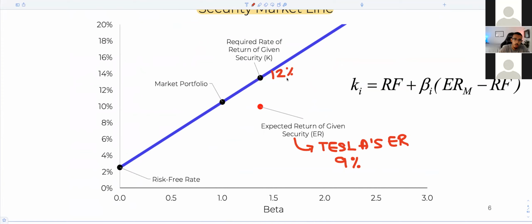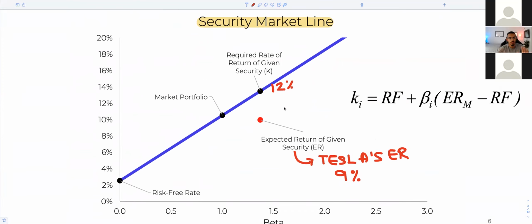So if we were to plug this into our formula, our K is 12% and our expected return was like 9%. So far, it would be fair to say that K is bigger than the expected return because K is 12% and the expected return is 9%.